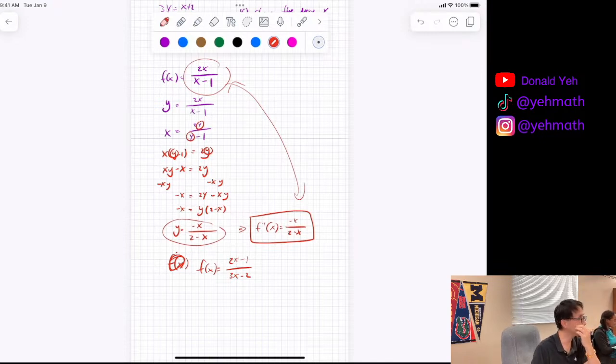Check with your group leader, see what they get versus what you get. You got it?